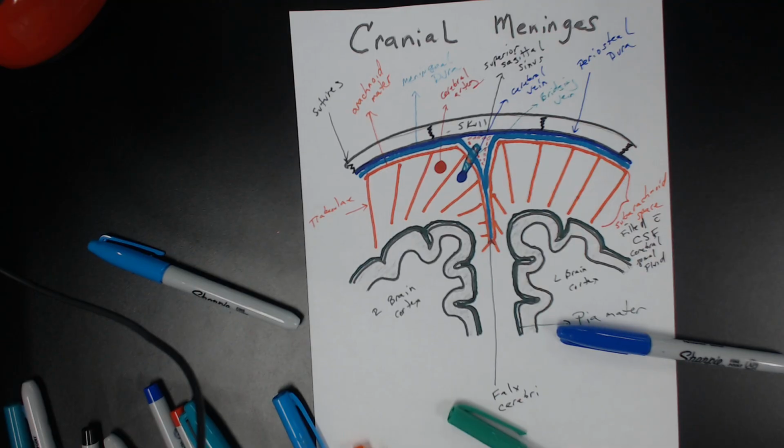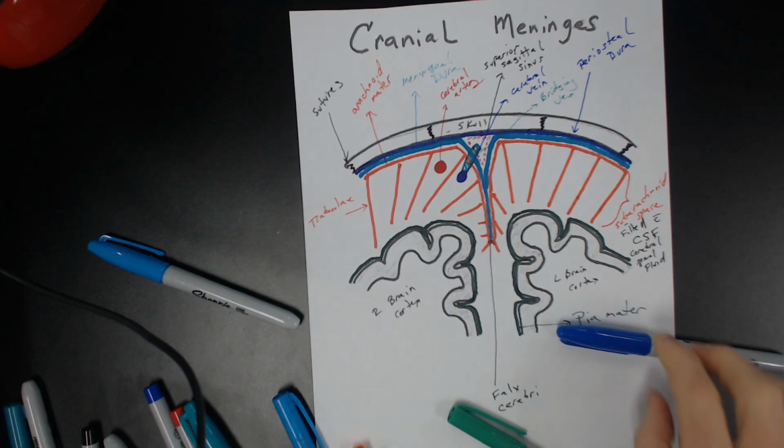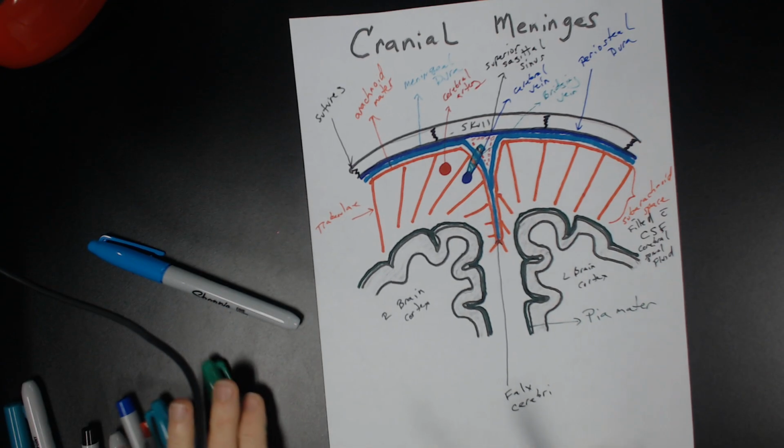And those bridging veins are set up like this to connect to that sinus. Other questions? Can you picture what I'm saying? Does it make sense? Feel free to ask me. I just want to make sure it's clear. If there are no other questions, then let's move on.